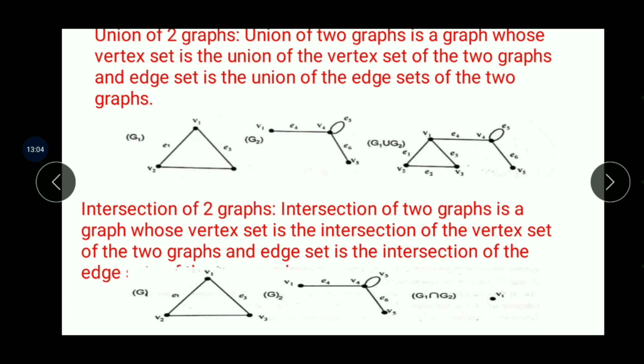Like here, if I take the union, we have V1 here, so we will combine V1. We get this as the union. And if we look at the intersection here, we have only one point in the intersection, which is V1 only. All other edges and vertices are different, so in the intersection we get V1 only.